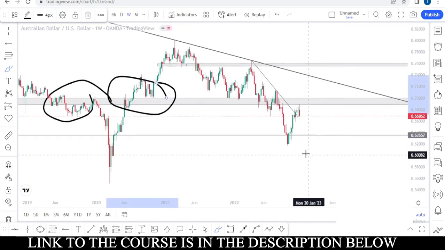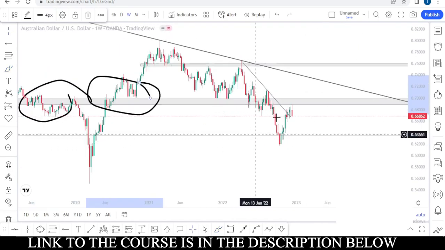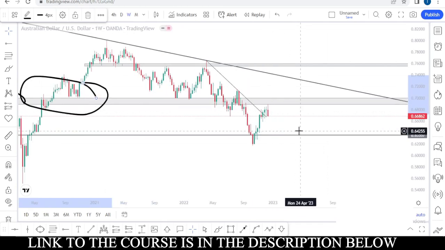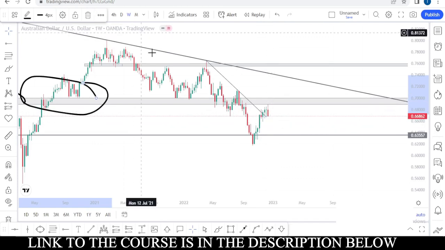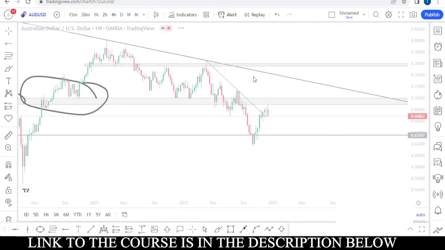And now if I zoom in, you can see price is still reacting to that zone right now, creating a lower low. This is a lower high, and this is also a lower high. So I'll expect price to keep pushing downward on this pair next week.